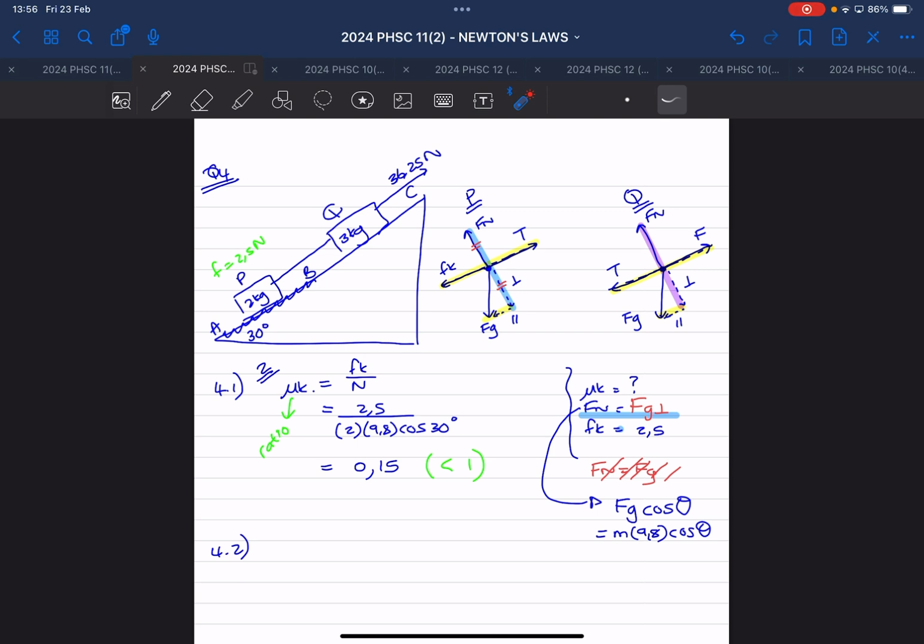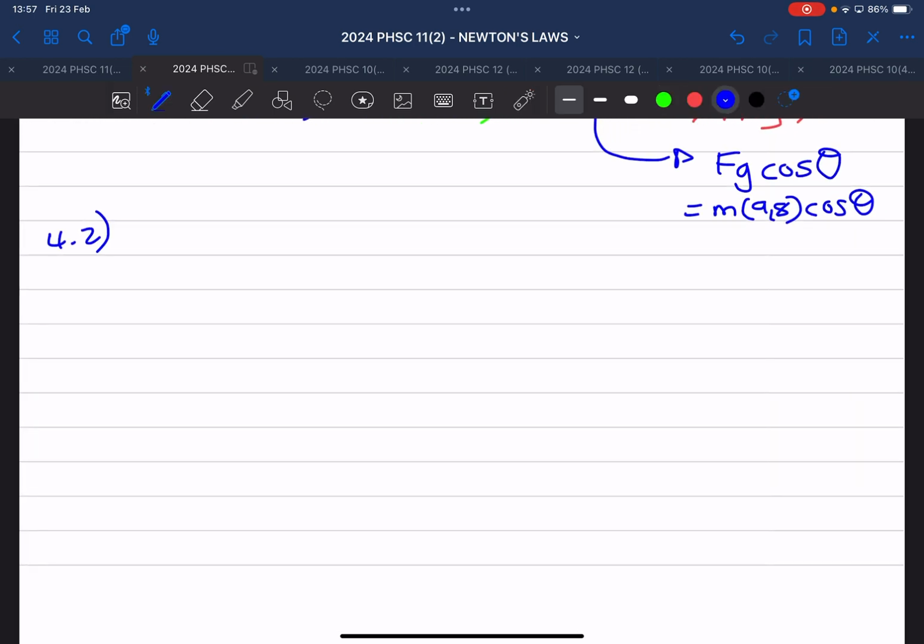So when something is attached to something else, it will influence the acceleration. When they ask for the acceleration of P, you can't just look at P because it's attached to Q. Because it's attached, they influence one another and they will have the same acceleration. That is why you should have done 2 calculations, looking at block P and block Q.